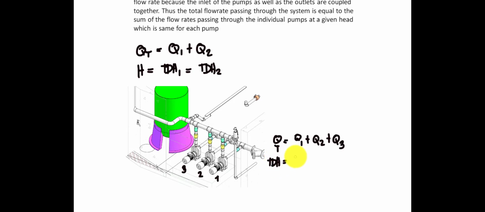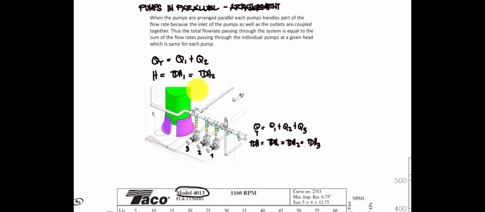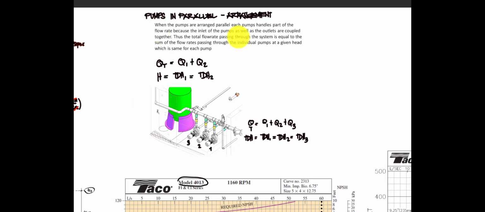So yung total dynamic head ng pump 1 is equal to total dynamic head ng pump 2 and is equal to total dynamic head ng pump 3. So they have the common discharge. So discharge nito, discharge niyan are equal. Now, that is the advantage of using pumps in parallel arrangement, and yung kanina is yung series arrangement.